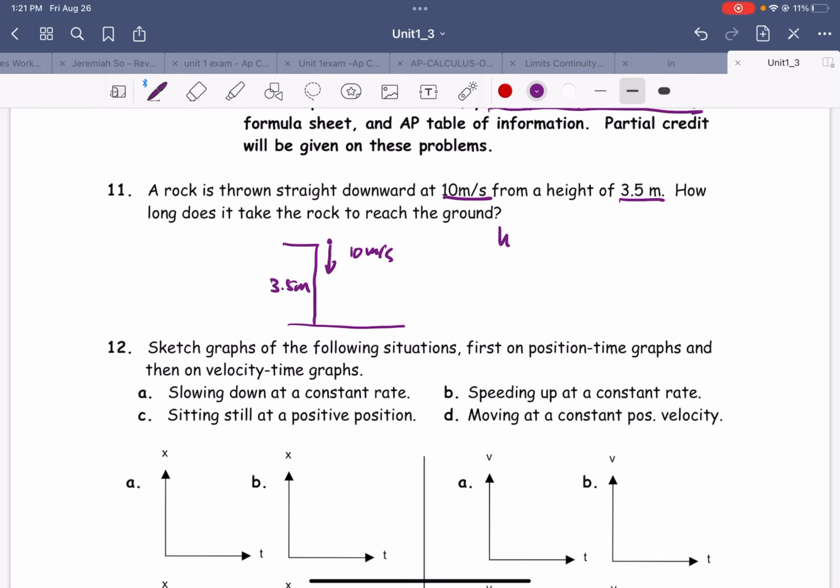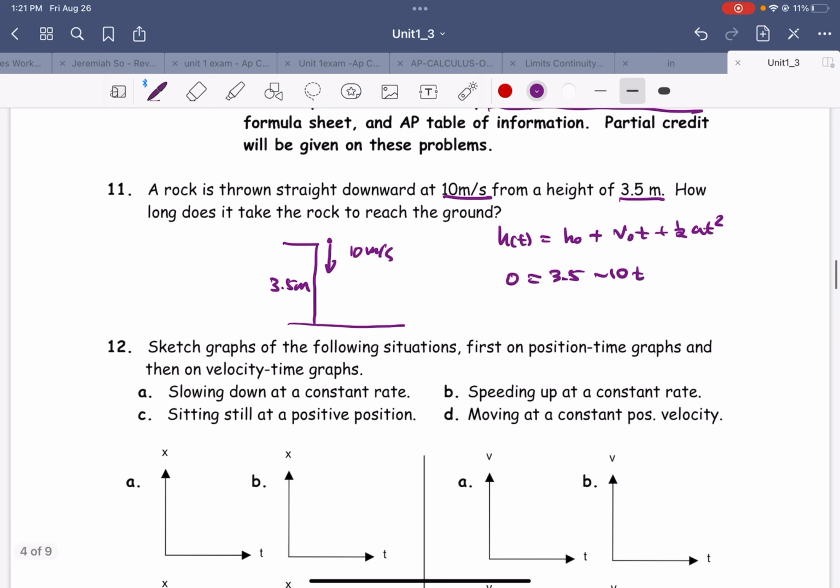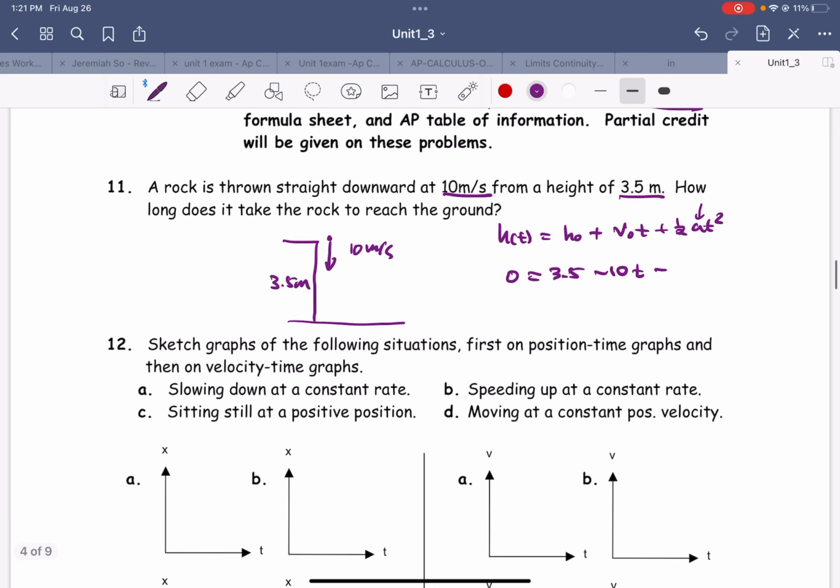You can use this formula, h of t equals h naught plus v naught t plus 1/2 a t squared. When it reaches the ground, it's 0, initially 3.5, and initial velocity is -10. T is the time you're looking for, and the acceleration, gravity, is -10, so -5 t squared.